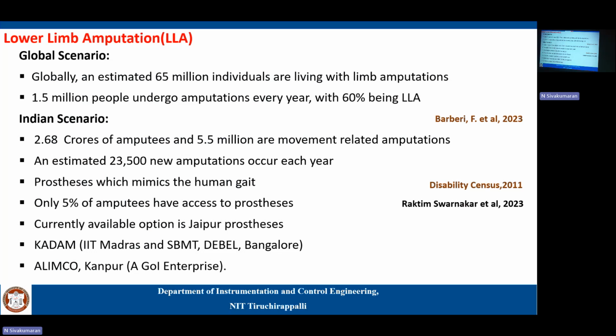Globally, there are about 65 million individuals living with limb amputations, and every year about 1.5 million people go for amputations. About 60% of those are lower limb amputations.